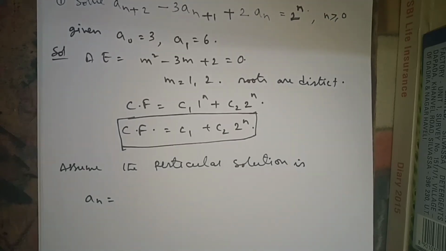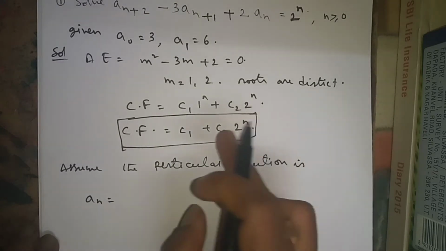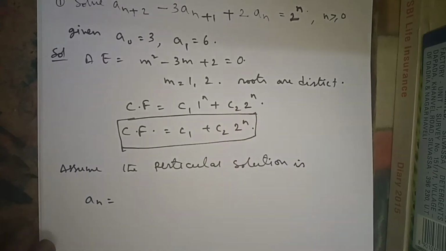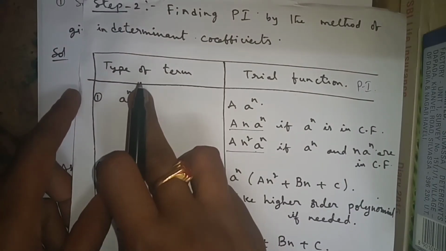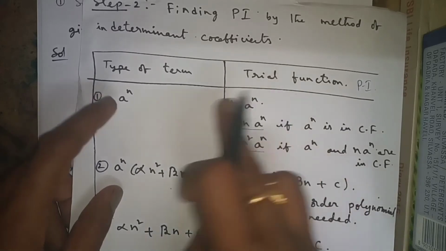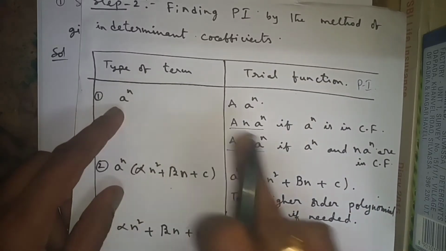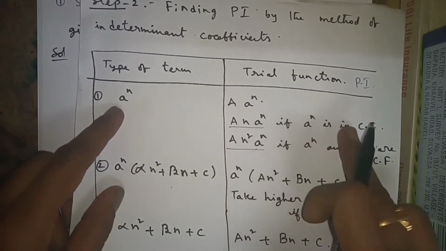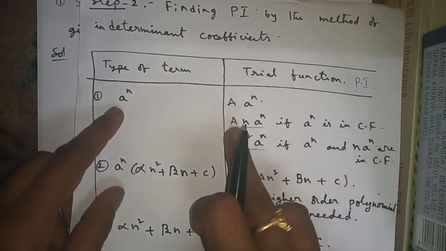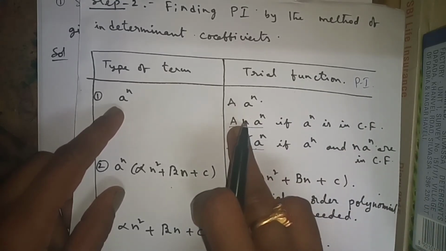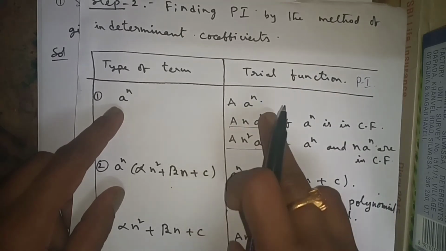As well as the CF contains 2 to the power of n. See here, if the RHS is in the form of a to the power of n, and the CF contains a to the power of n, then what will the particular integral be?